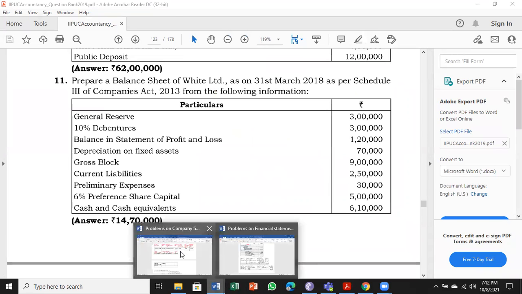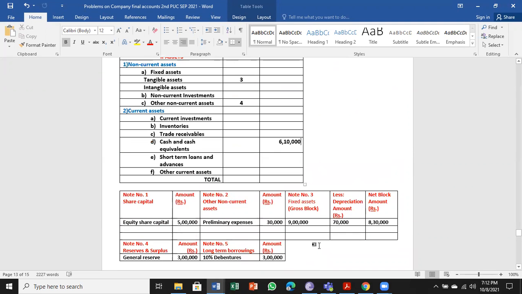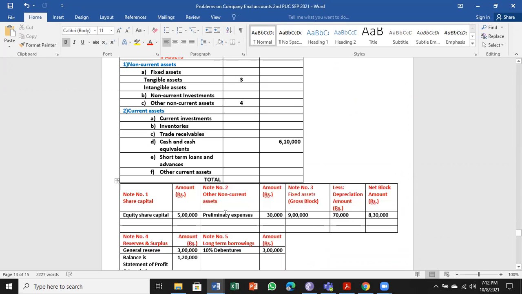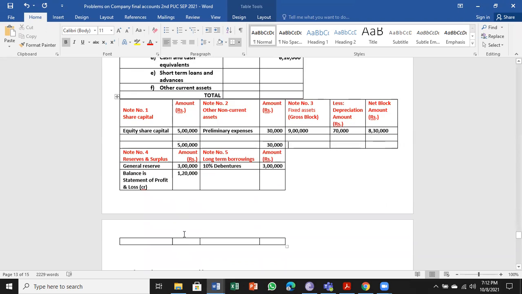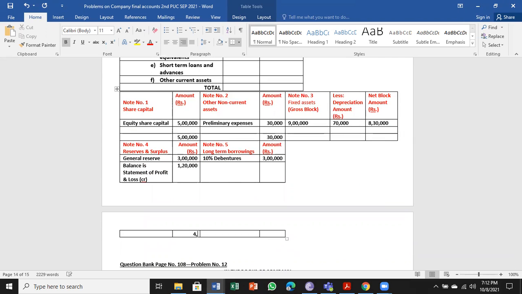So I'll go for balancing, totaling all the headings. 5 lakhs capital, other current assets, 30,000. 4,20,000 reserves and surplus, and debentures, that is a long-term borrowing, 3 lakhs.